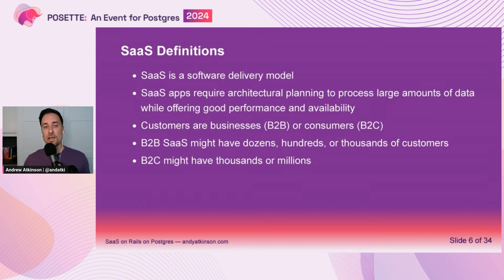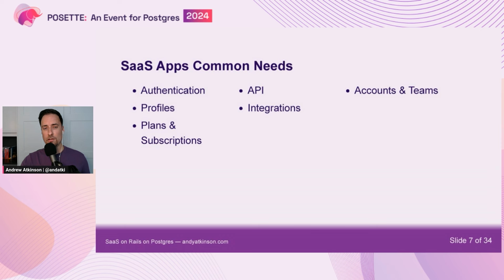Customers for SaaS apps could be businesses, which we would call B2B, or consumers, which we would call B2C. And B2B SaaS apps might have customers in the dozens, hundreds, or thousands range, where business to consumer apps might have thousands or millions. So it's worth thinking about your customer profile.